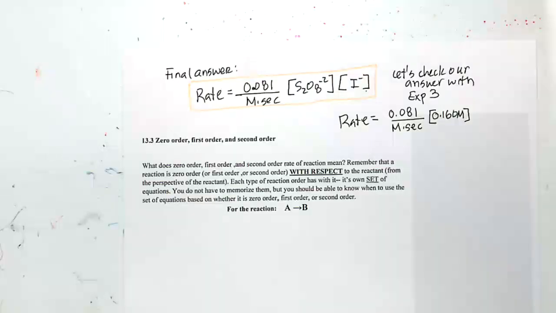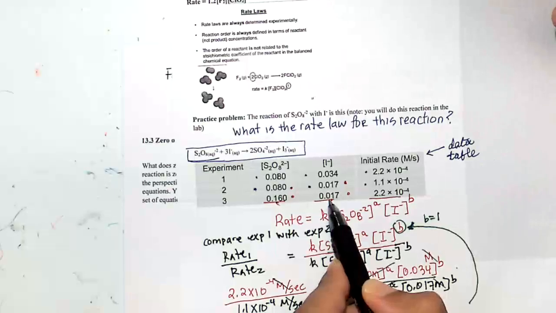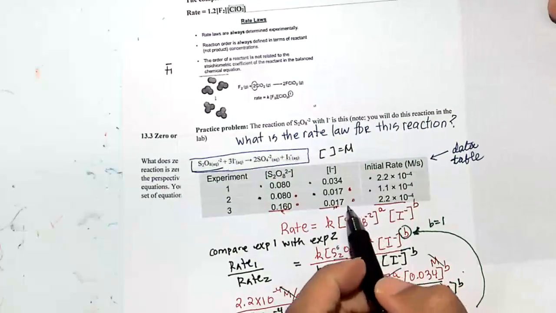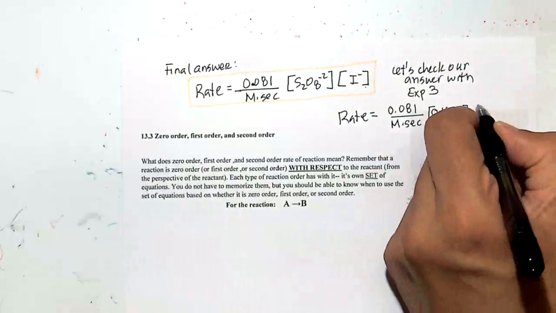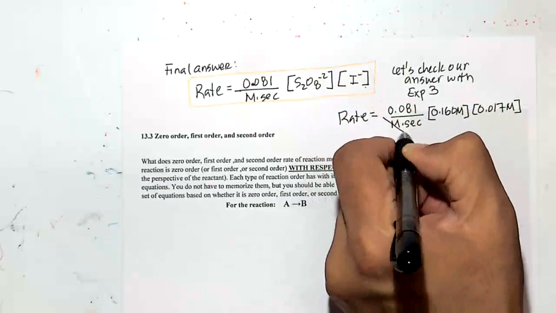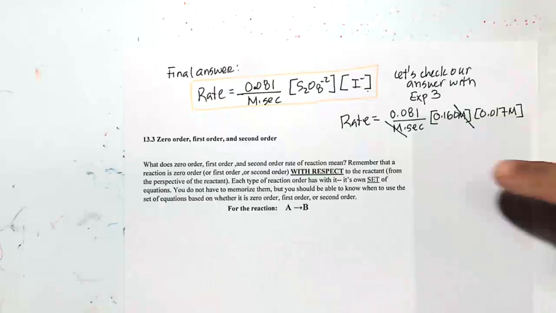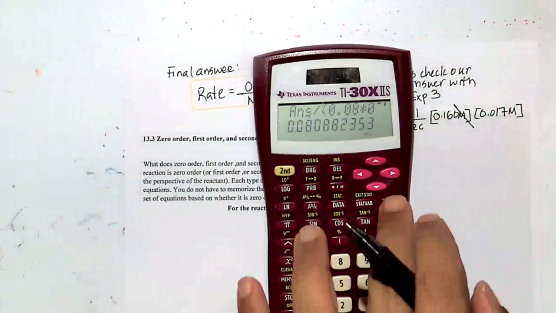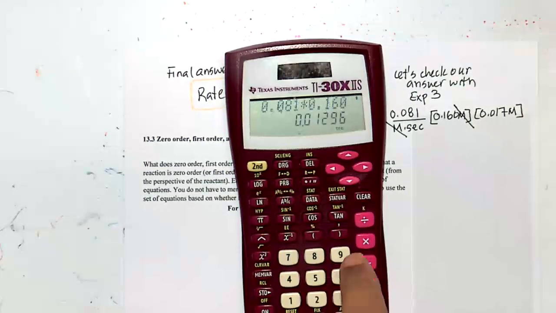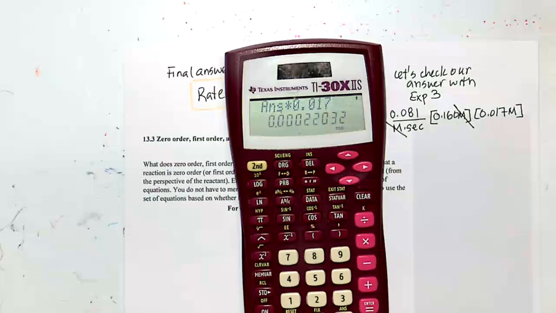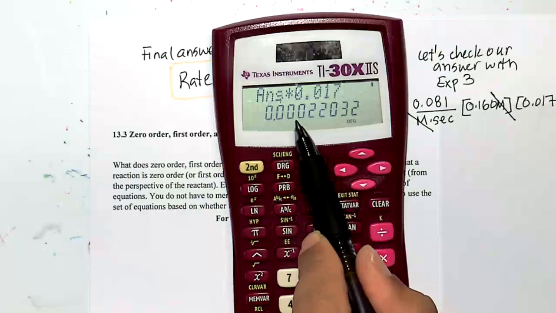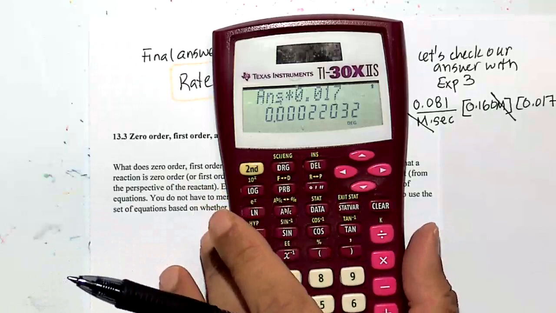What is I minus for experiment 3? 0.017 M, raised to the 1 power. So this M and this M cancel. We take 0.081 times 0.160 times 0.017, and we get 2.21234 times 10 to the minus 4.